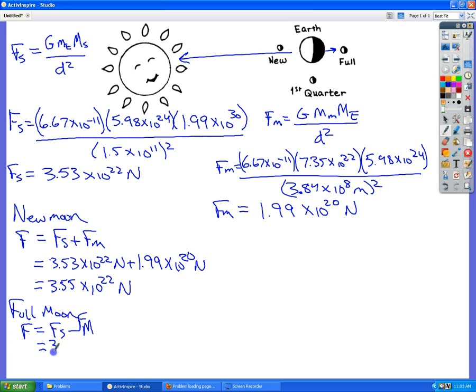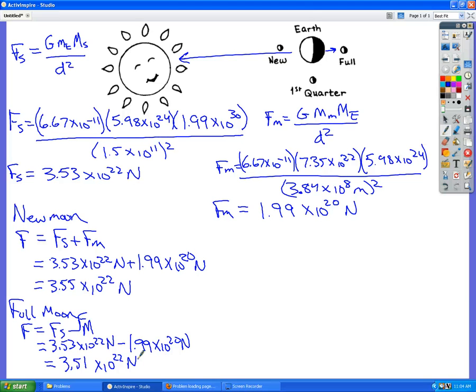The force of the sun, 3.53 times 10 to the 22nd newtons, minus the force of the moon, which is 1.99 times 10 to the 20th newtons. And when you solve for that, you should end up with 3.51 times 10 to the 22nd newtons. So we see that there is a little bit of an effect on the Earth. This is why you get some of the tides that you do.